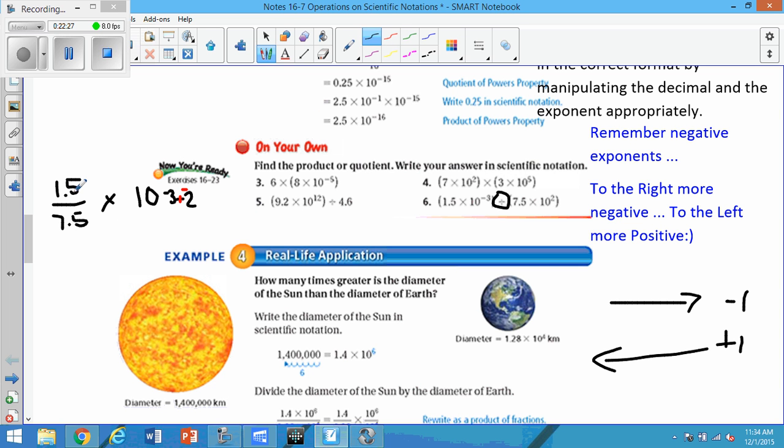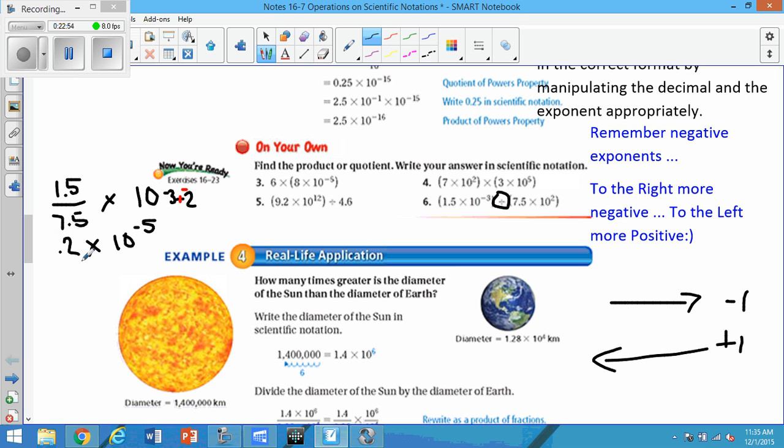Okay? So 1.5 divided by 7.5, I look at my notes, is 0.2. Times 10 to the negative 3 plus negative 2, which is negative 5th power. We were subtracting, but it turns it into an addition problem.